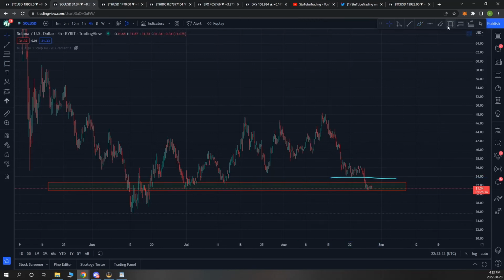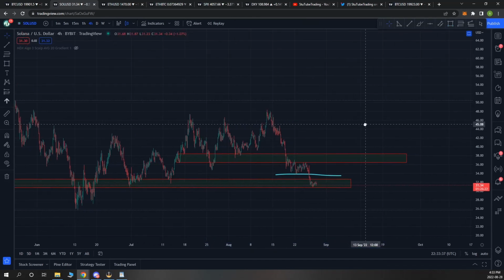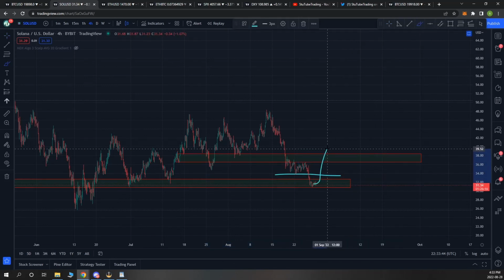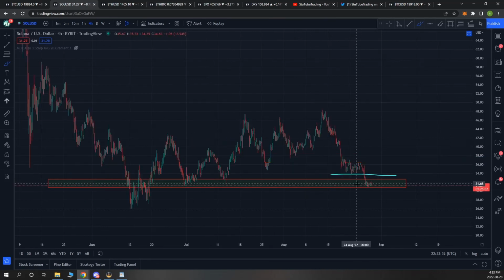There's no doubt about that. There's quite a bit of resistance above it. I would definitely want to see Sol reclaim this box up here, getting back above this consolidation. I would want to start treating that as support before giving it too much credit that it was going to start making a recovery.